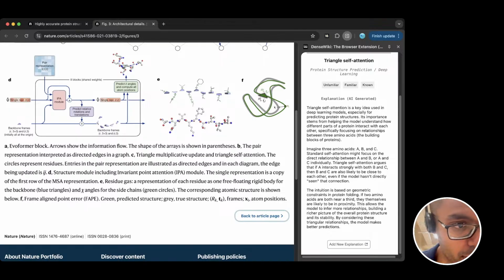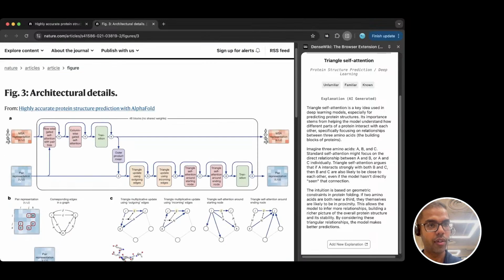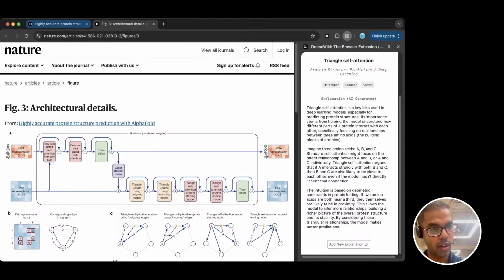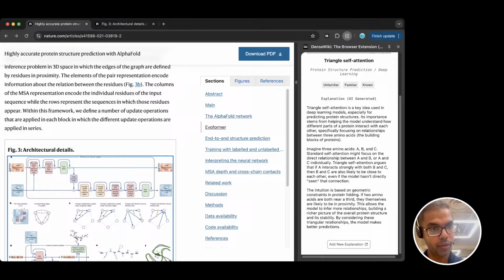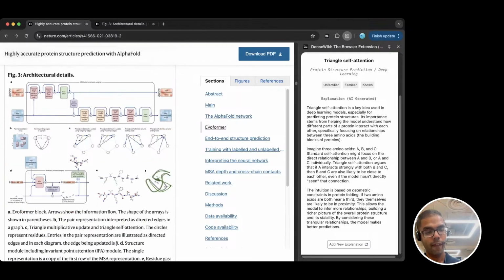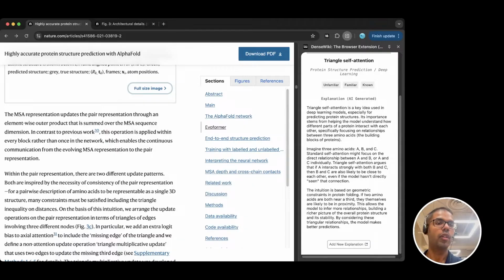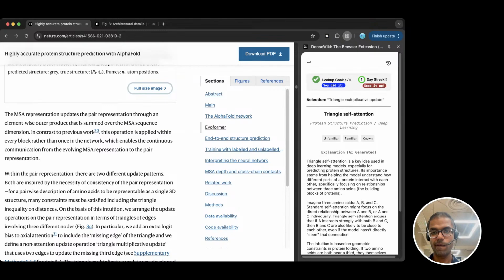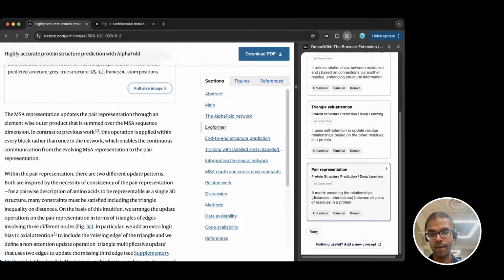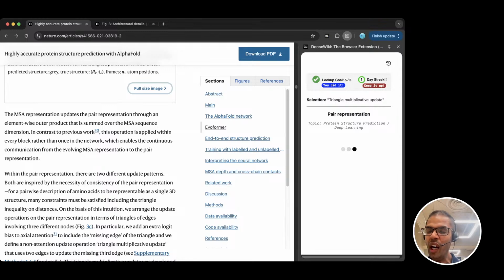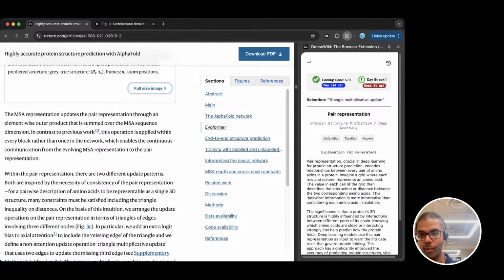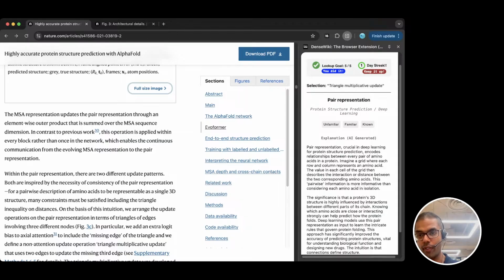Invariant point attention module. Okay, I haven't gotten to that part yet. The MSA representation updates the pair representation through an element-wise outer product. Pair representation encodes the relationship between every pair of amino acids.